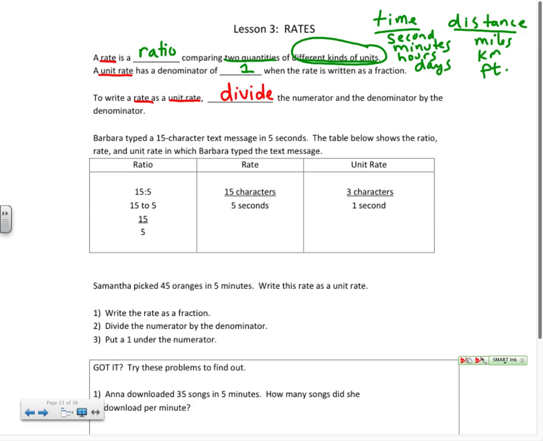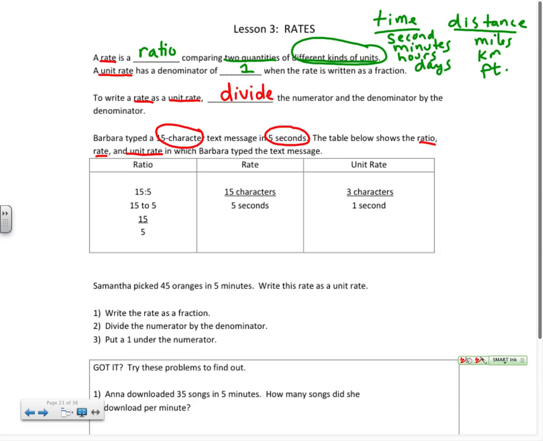Barbara typed a 15-character text message in 5 seconds. The table below shows the ratio, the rate, and the unit rate in which Barbara typed the text message. So let's look carefully at the word problem. Barbara typed a 15-character text message in 5 seconds. Two things are being compared.